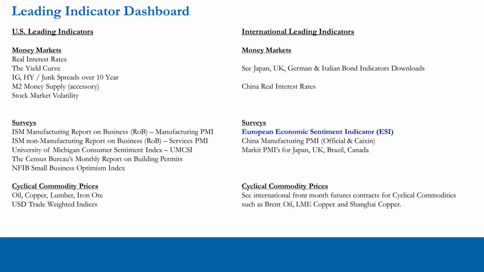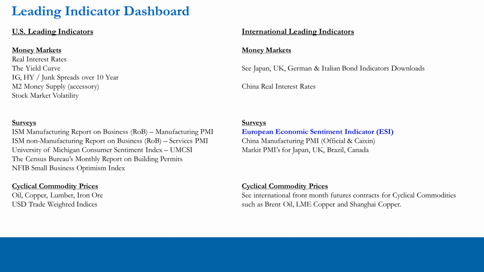On the right-hand side, we have our international leading indicators, and you can see in money markets, for example, if you go to the downloads area in video number 4, you'll be able to get the interest rate data and analysis, so you can do similar money market analysis as we did in the United States for several other countries.